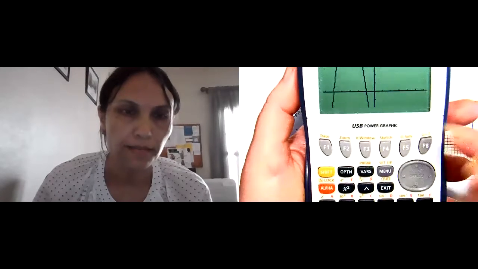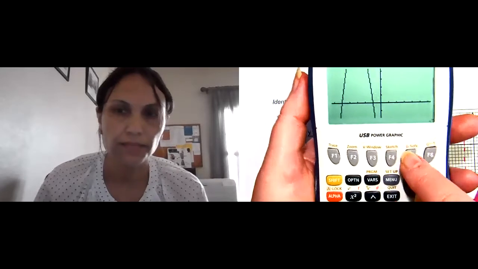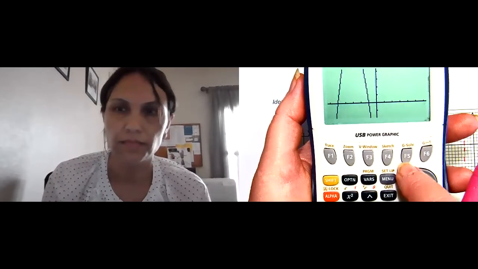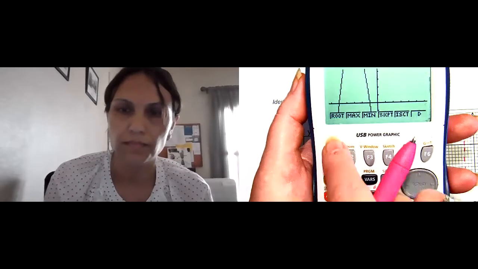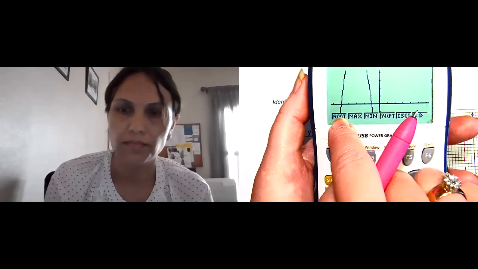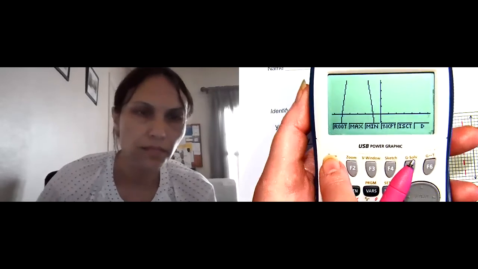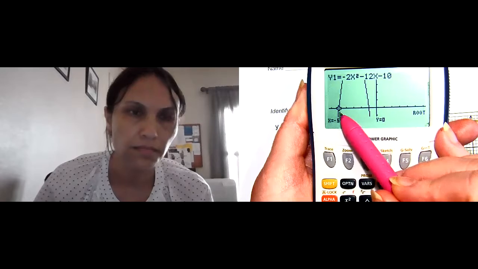But if you're not so sure with the counting, we're going to use the calculator. I'm going to again use this button that says G-solve, which is F5, and then where it says root, that's the first word, so it goes with the first button. So I'm going to go G-solve root, and I get this little plus sign over here.